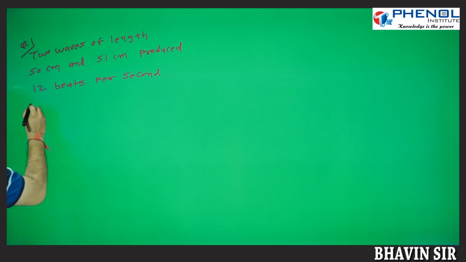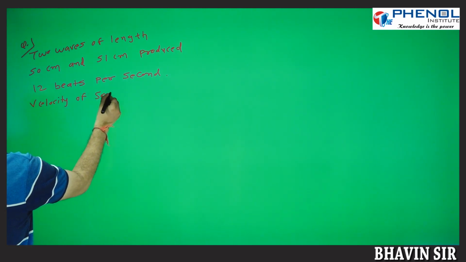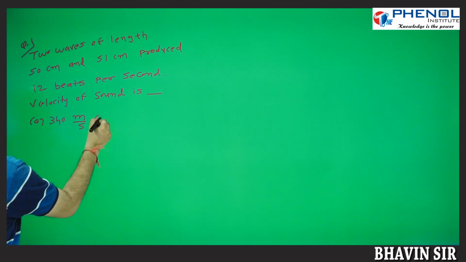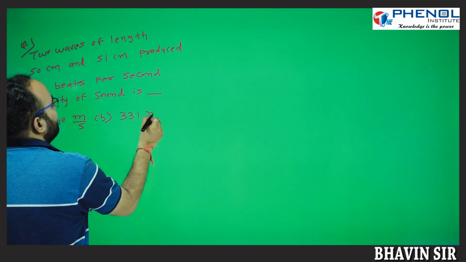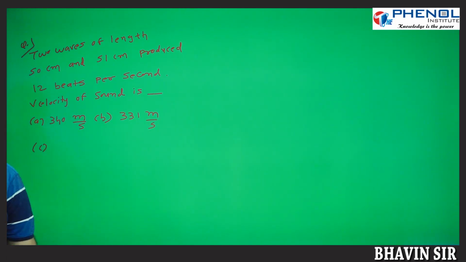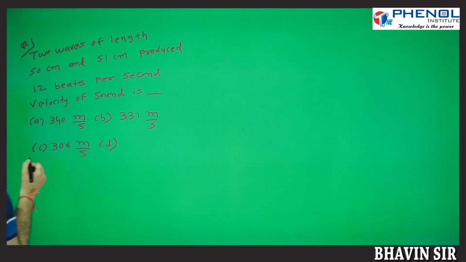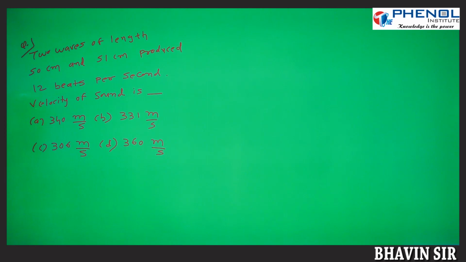Velocity of sound is? We want to find the velocity of sound, and the options are 340 meter per second, 331 meter per second, 306 meter per second, and 360 meter per second.